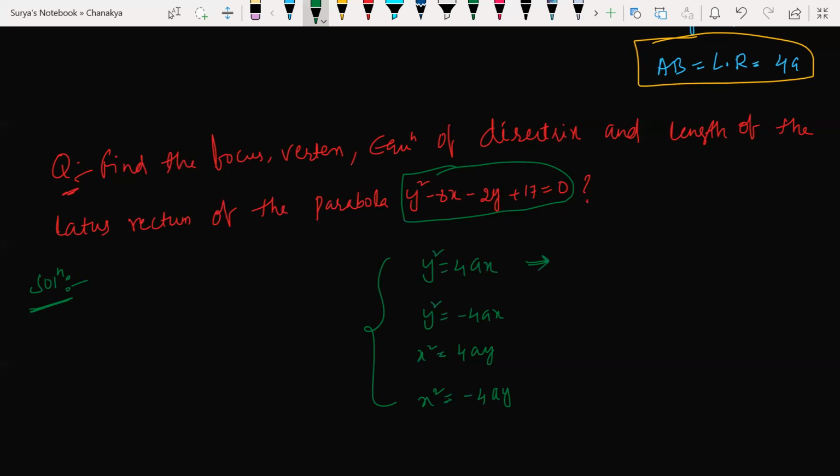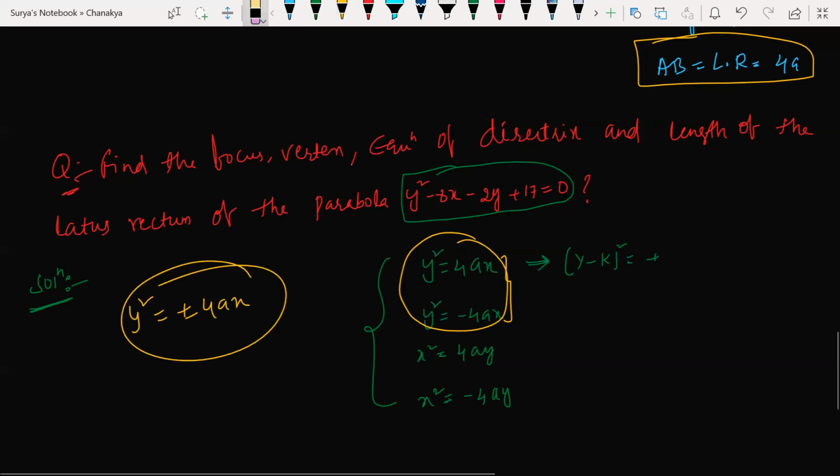Look, it will be like this. Y minus k whole square is equal to plus or minus 4a into x minus h. Can I simply write y square is equal to plus or minus 4x from these two parabola equations? Am I correct? Yes or no? Hello, people.